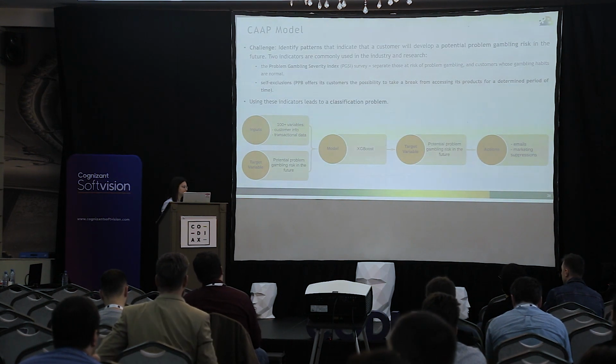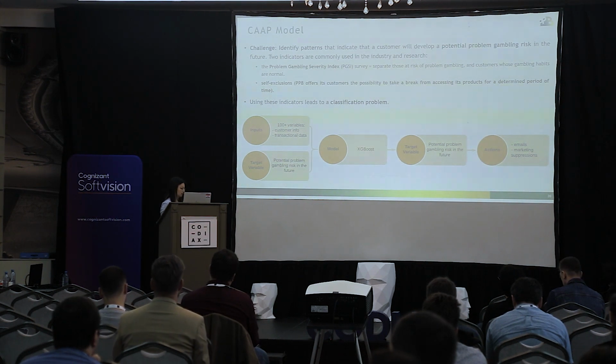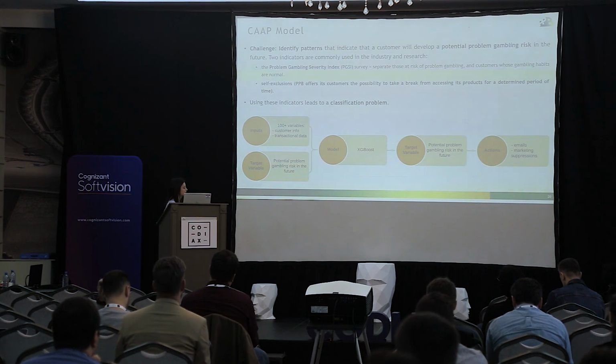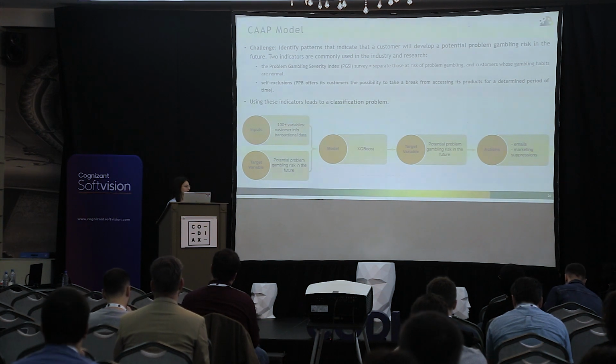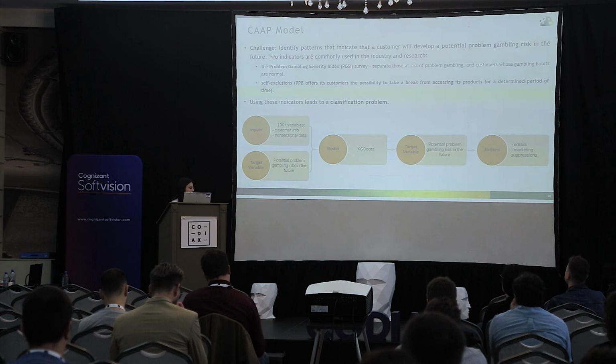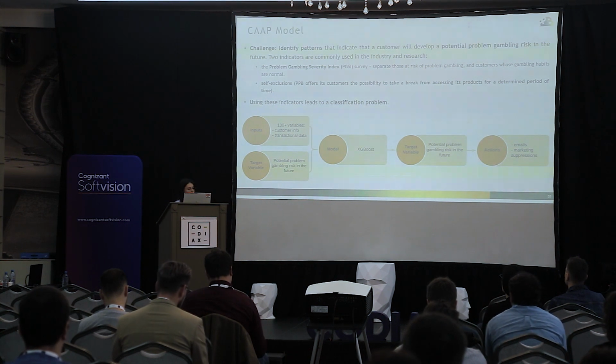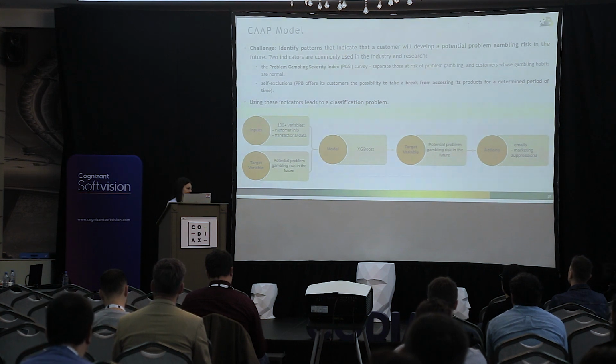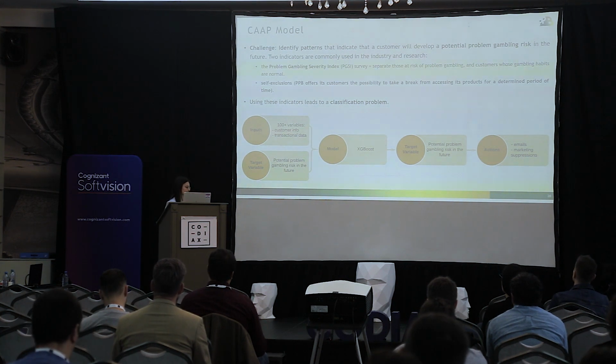It has been a challenge to identify the patterns that indicate whether a customer has problems with gambling, will develop problems with gambling, or will have a potential gambling risk in the future. For this, we have two indicators.